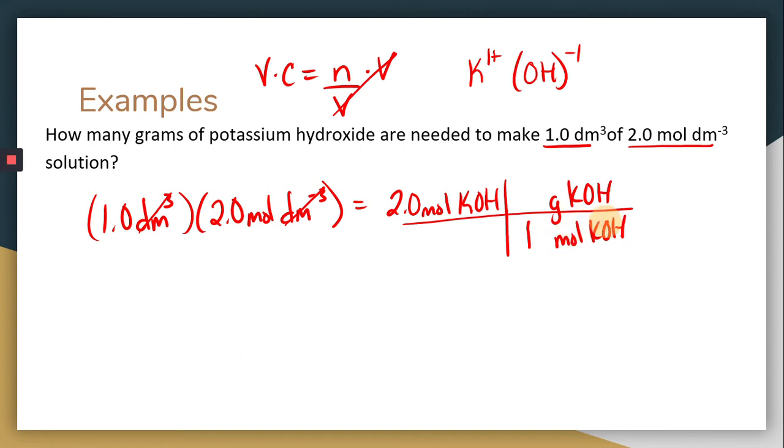And we know 1 mole, and then we go to the periodic table to find the molar mass, and we have 56.11 grams. So when we multiply and divide, the moles cancel. And we have 2 significant figures, so we would say 110 grams of KOH.